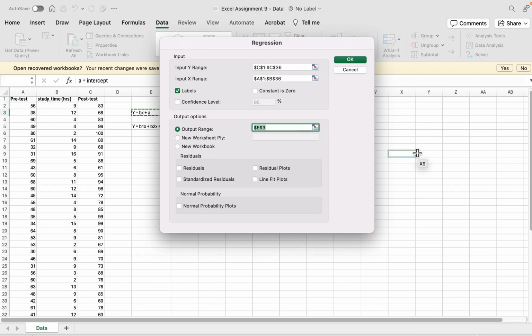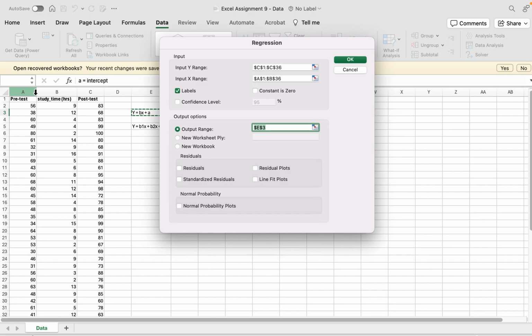Now in this sample, I'm going to use 35. So I am using C1 to C36 as my Y range. So I said these are the Y's, this is the criterion. And then for the X, these have to be next to each other because I'm including both of them.